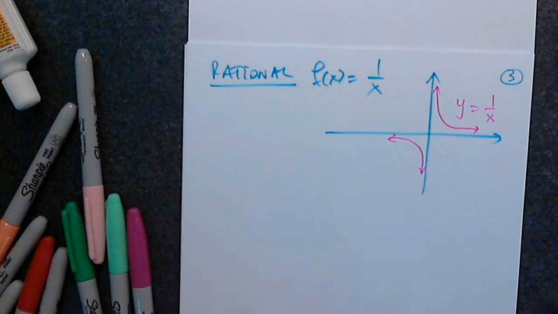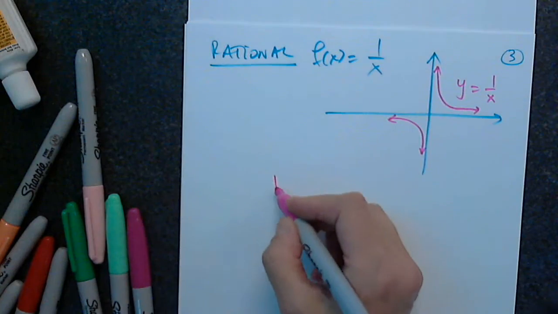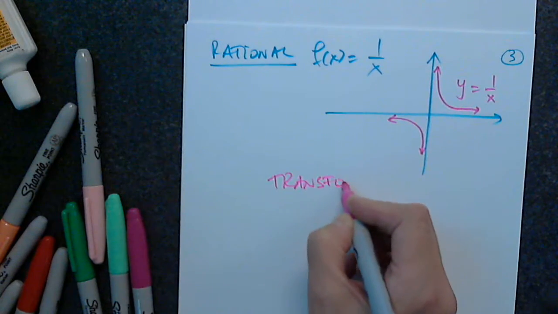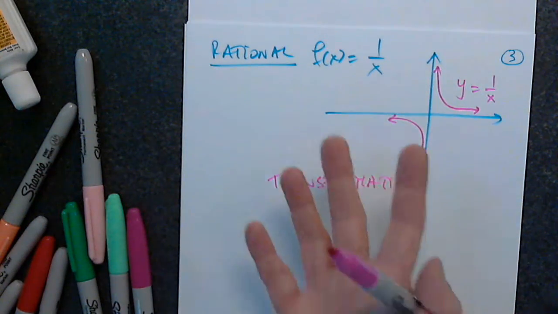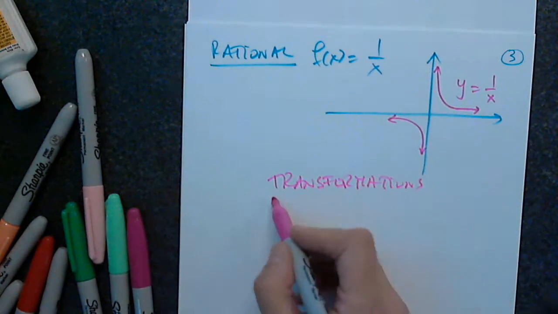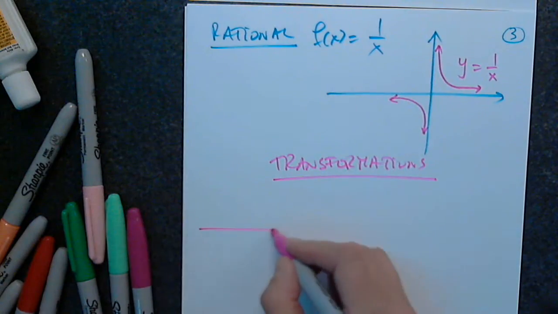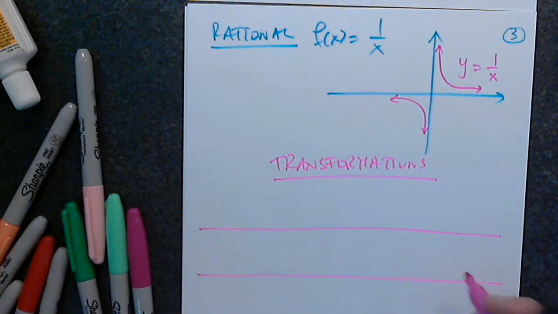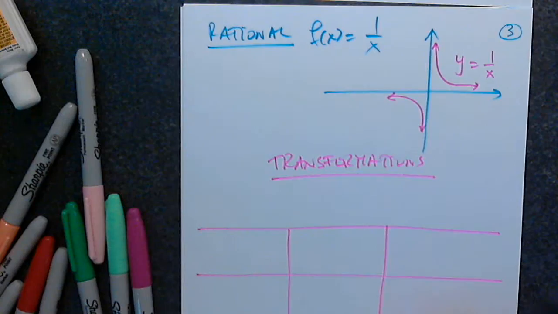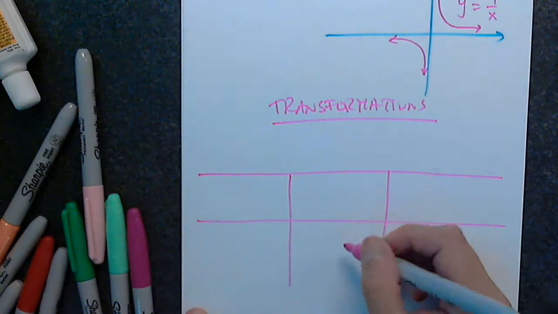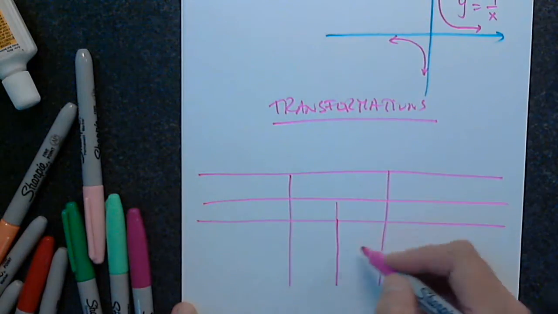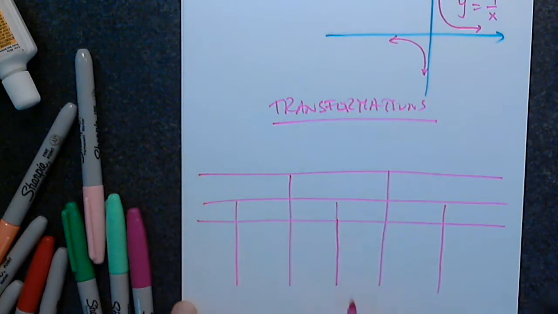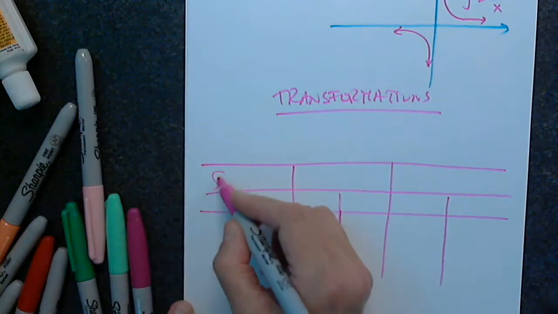So now let's summarize the transformations, and we'll talk about them in detail. So transformations now. What are the transformations? They are changes in the functions that we just looked at. So there are 3 different types. The first type, shifts.